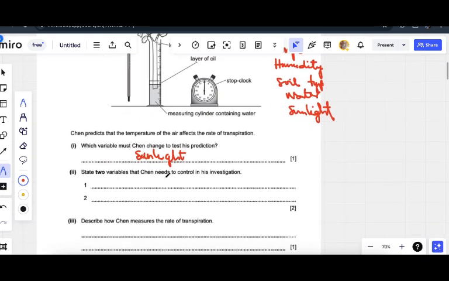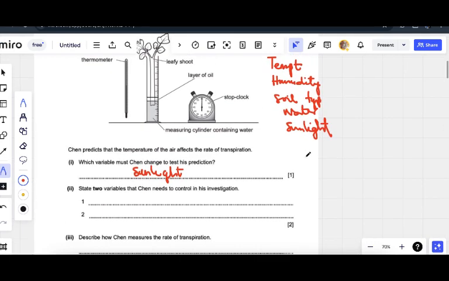Now state two variables that Chen needs to control in his investigation. What should he control in his investigation? We can control humidity, we can control the amount of water, okay?